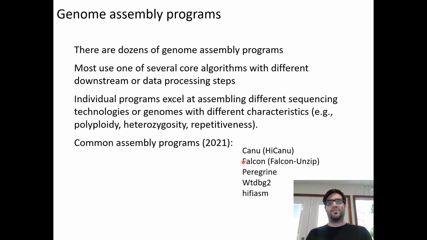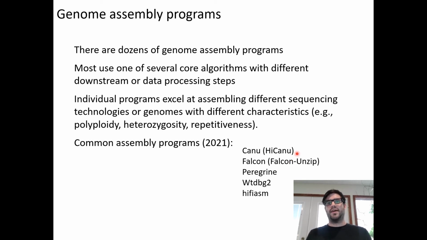These are probably the 5 workhorses that people use most often. But if you were to come back a year or 5 years from now, you probably would find a different series of programs. Each one of these is slightly better suited for genomes with different complexities and also different sequencing technologies. Canu is probably one of the more common ones. This was developed for noisy PacBio or Nanopore reads that had an error rate of 1 to 5%.